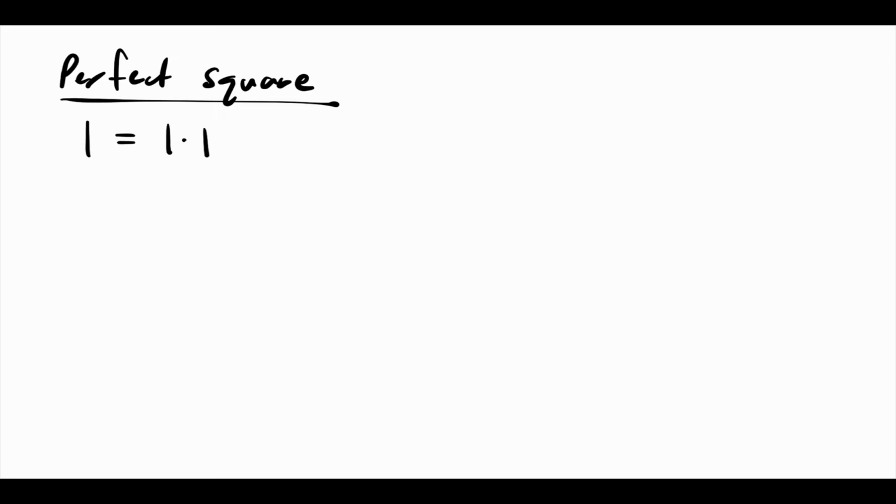So what would be the next perfect square? 4, because it's 2 times 2, and the square root of 4 is 2. What would be the next one? 9, because it's 3 times 3. You kind of get the pattern.